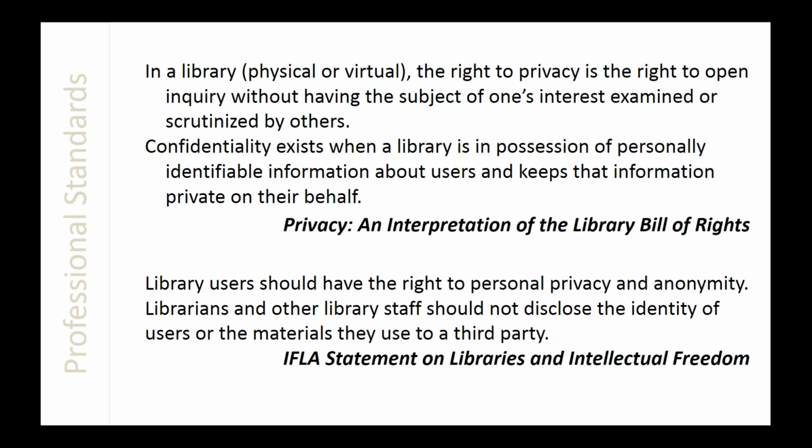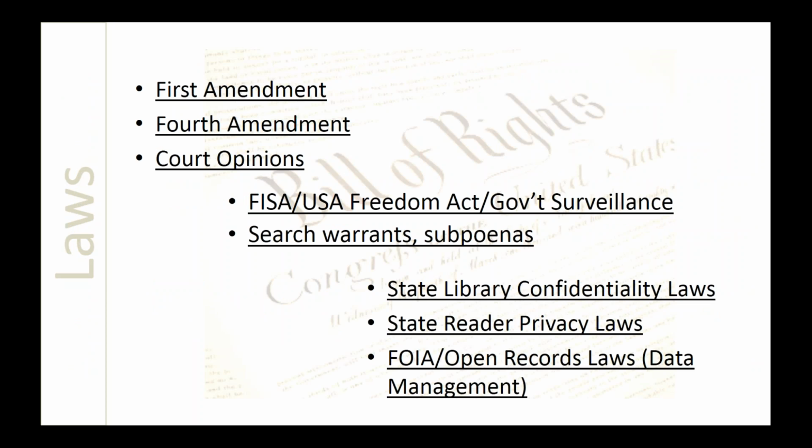Now, both the Library Bill of Rights and the Code of Ethics draw upon the First Amendment right to read and receive information anonymously. That is, the proposition that a person has a right to keep their intellectual activity private.